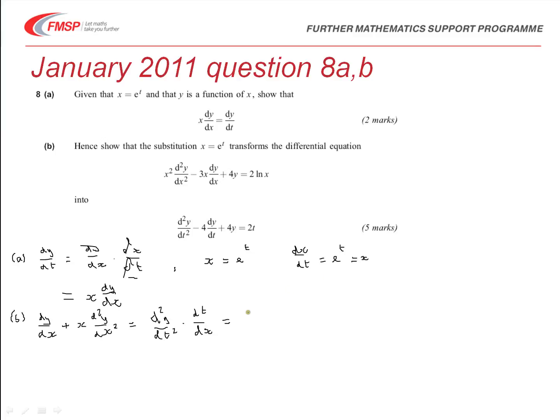Okay, so this becomes 1 over x d2y by dt squared.